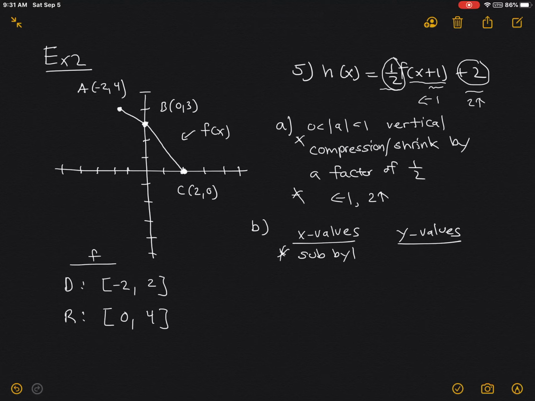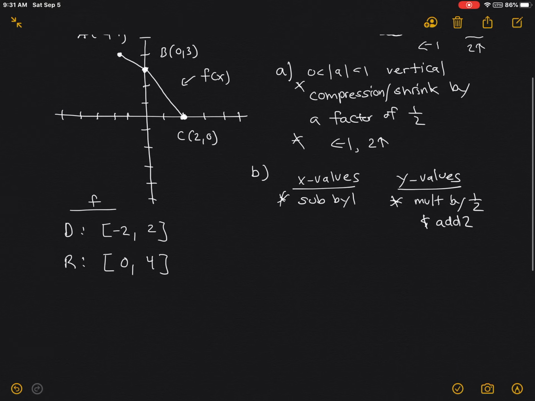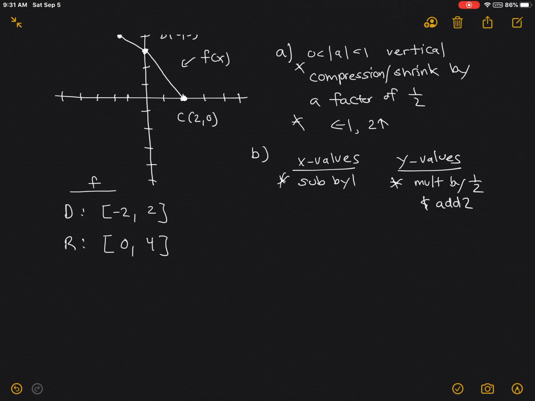And over here, if you have a shift, a translation 2 units up, you basically add, right? And so when you have two operations, you have to multiply and add, right? You have to follow the order of operations. You need to multiply first. So what I'm going to say is multiply by 1/2 and then add 2.